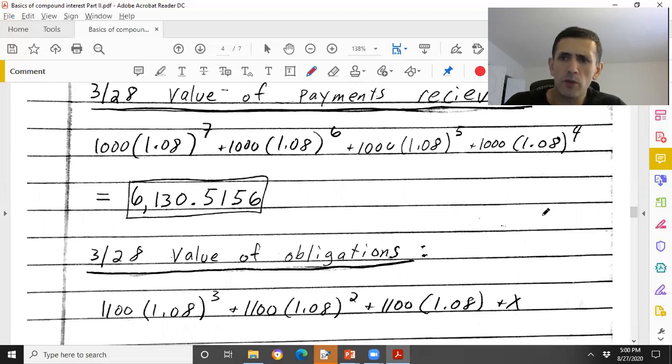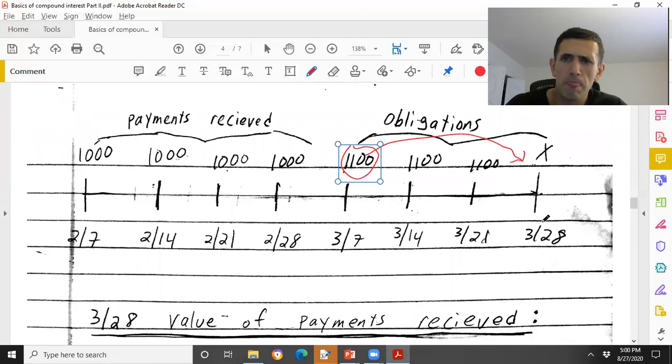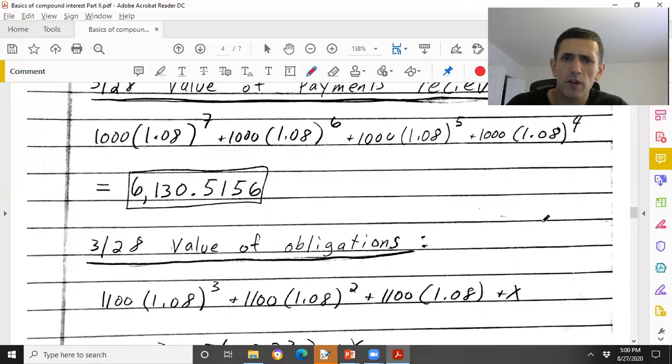Okay, right, so we're going to do exactly the same thing. Let's take the first 1,100. How much is this 1,100 worth on March 28th? Well, same idea. It accrues 1, 2, 3 months of interest. So it's 1,100 times 1.08 cubed. Do the same thing for everything else.